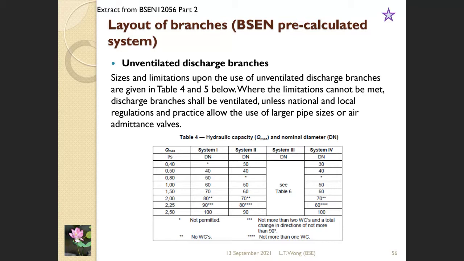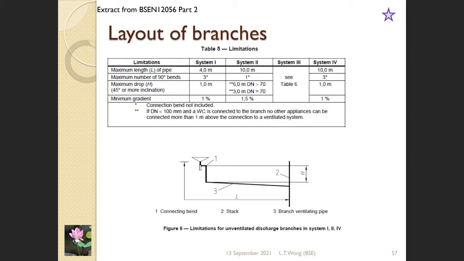For the same arrangement, say the flow rate, capacity, and nominal diameter, each is classified into a different system: System 1, System 2, System 3, with different filling degrees, if we still remember. So if we follow a set of design parameters, we need to stick to a particular system to use the pre-calculated design part. Let me give you an example.